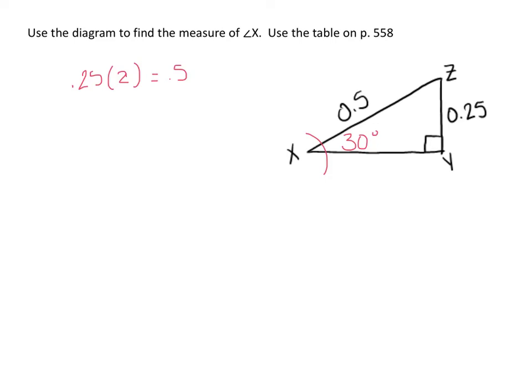The chart that's on page 558 are the most commonly used trig ratios for 30 degrees, 45 degrees, and 60 degrees. You need to have this chart memorized. That's it.